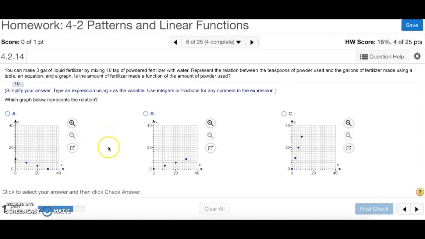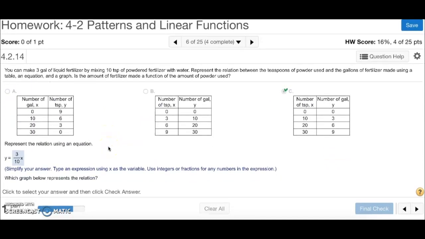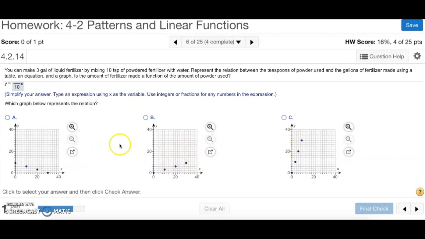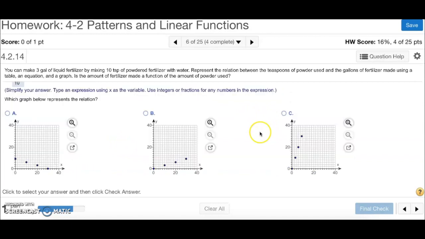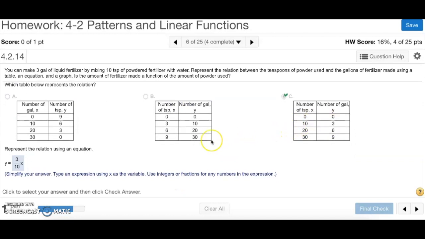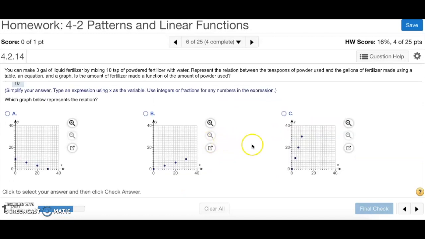Now our graph is increasing, so it's not going to be A. So it's between B and C. Now, our first point would be 0, 0. They both have 0, 0. The next one is 10, 3. So x being 10, looking at C, this is not where x is 10.